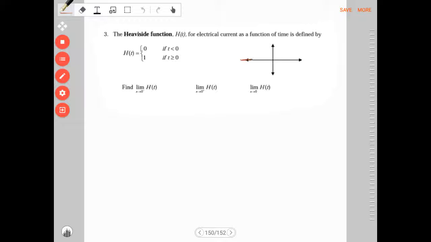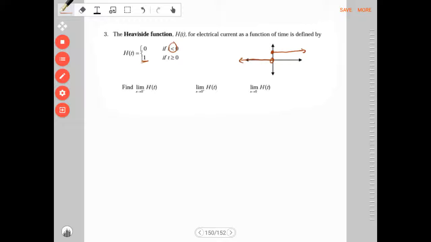So that's this line here, with an open circle, since we can't equal 0 on that part. Then y equals 1 when t is bigger than or equal to 0. So 1's there, a closed circle for that, and then just a sideways line this way.